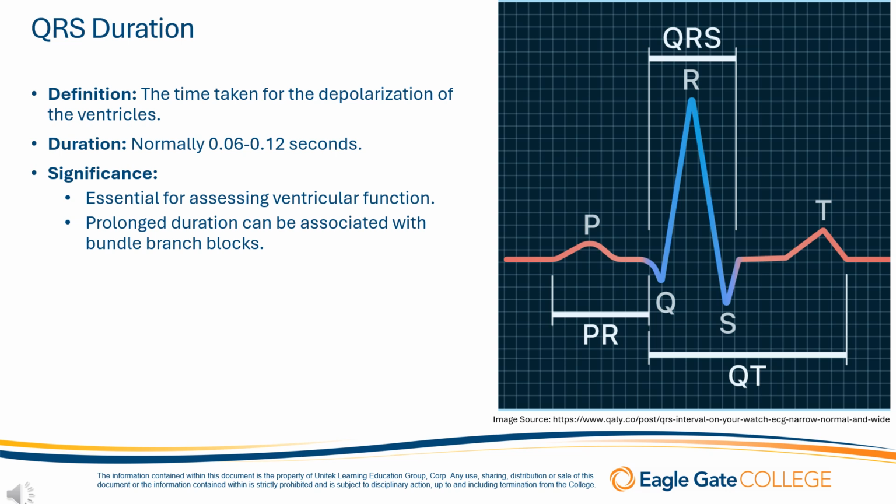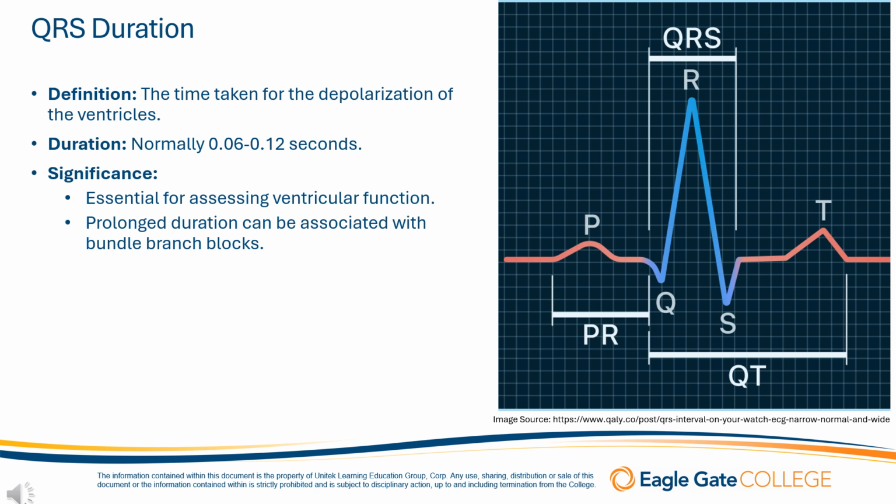A QRS duration longer than 0.12 seconds is considered prolonged, and a prolonged duration can indicate that there is a delay in the depolarization of the ventricles, often due to a block in one of the bundle branches.